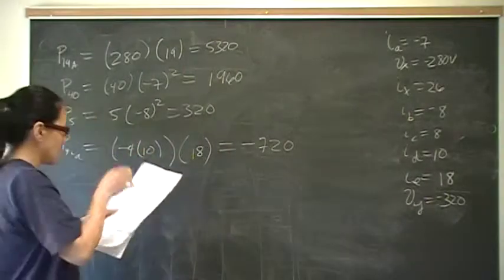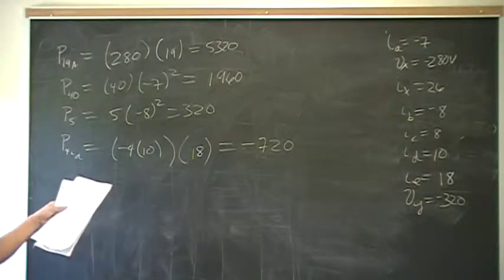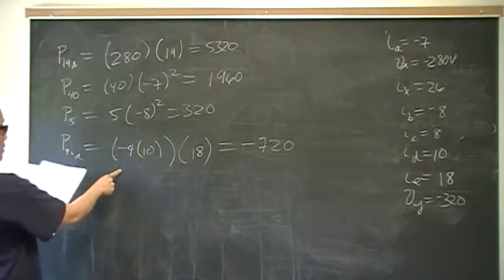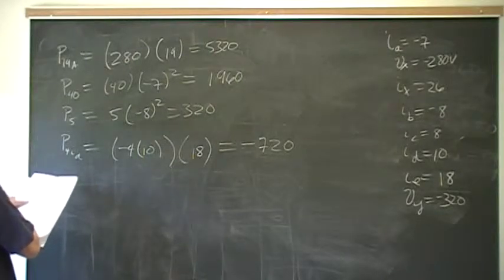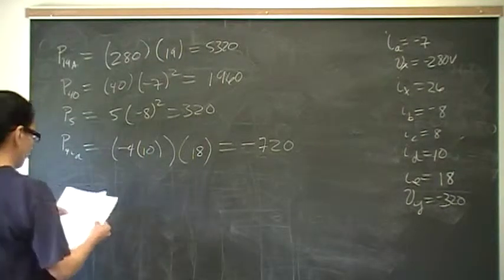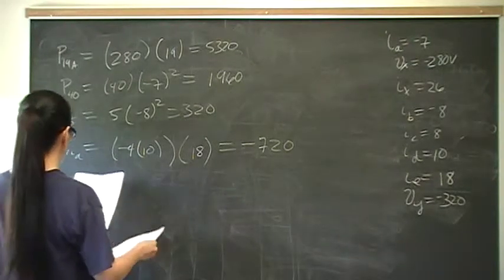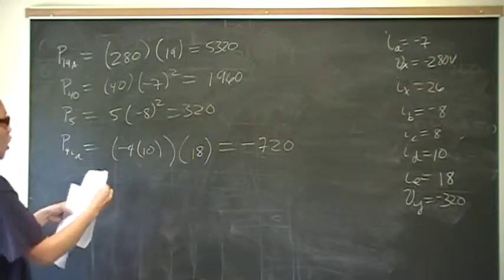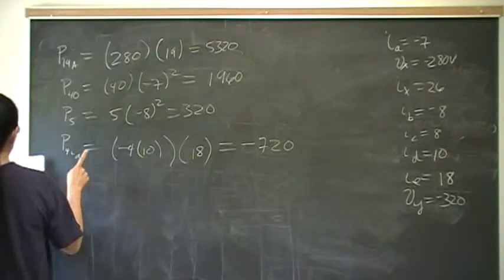Okay. So then we got VY. It's hard when I can't look at my schematic on the board, but this is the current controlled dependent voltage source.